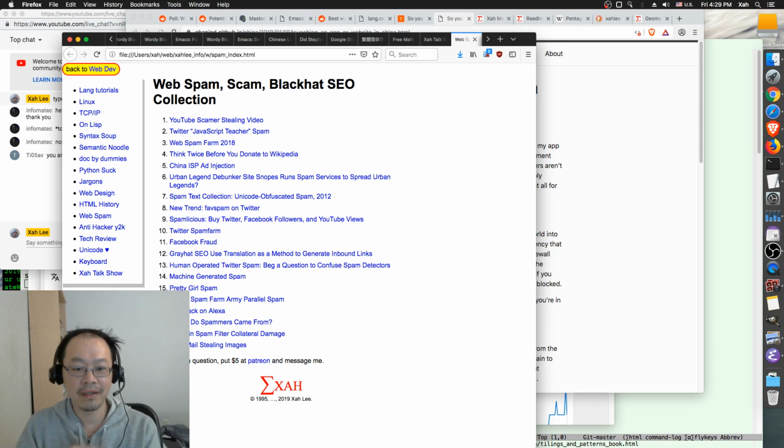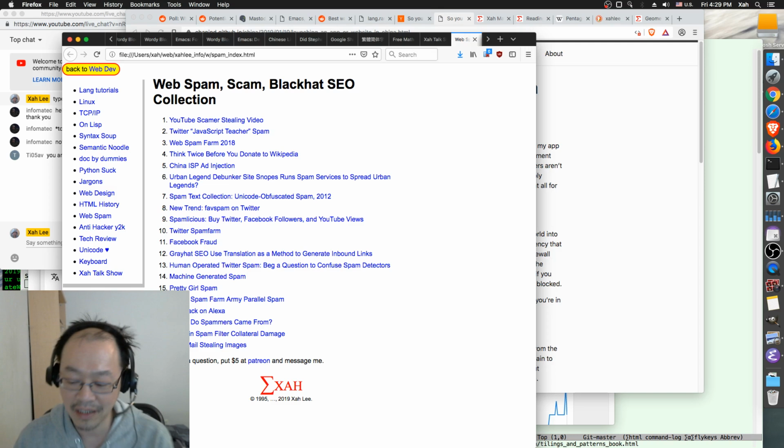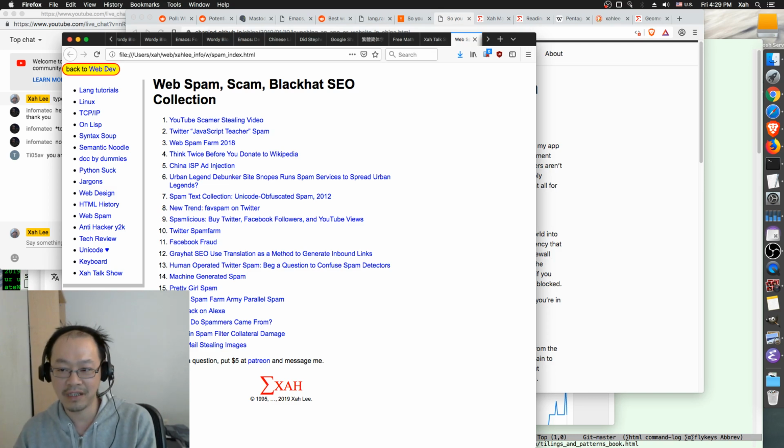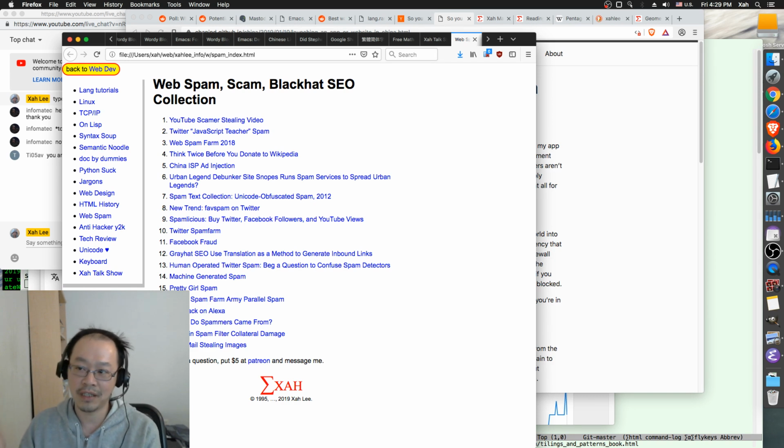So Google had statistics. In the first 10 years Google was a very good company, and other companies too, they have statistics about spam. At some point it's like 90% of all email traffic is spam.